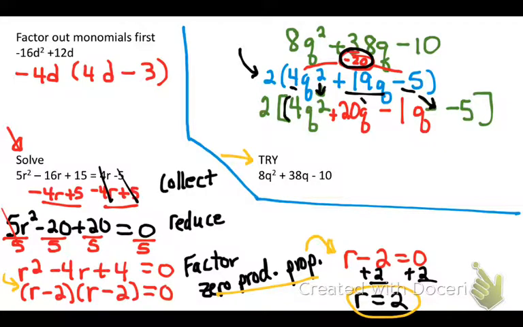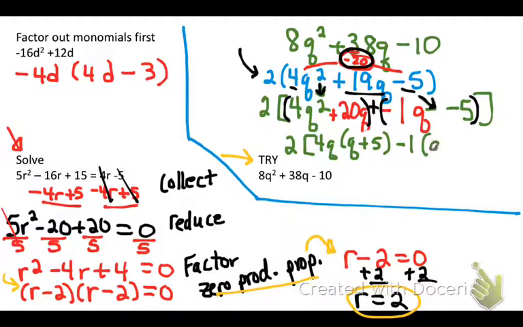We'll put parentheses around the first two terms, parentheses around the second two terms, and a plus sign in the middle, and then we'll take out a common monomial out of the first binomial and one out of the second. So we'll take out a 4q, so we're left with q plus 5, and out of the second binomial I want to factor out a negative 1, so I'm also left with a q plus 5.